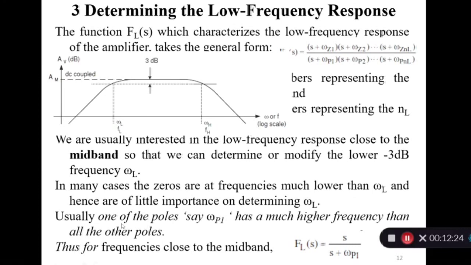Now, for example, one pole omega p1 is at a much higher frequency than the other poles. Then the response close to the mid band will be FL equal to s divided by s plus omega p1, which is this one.